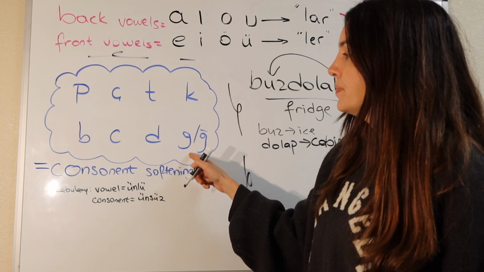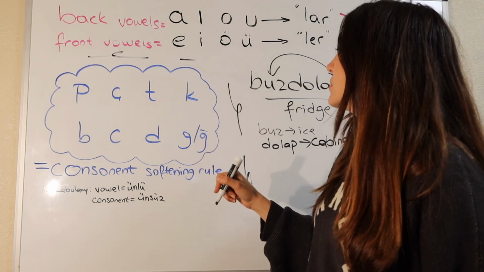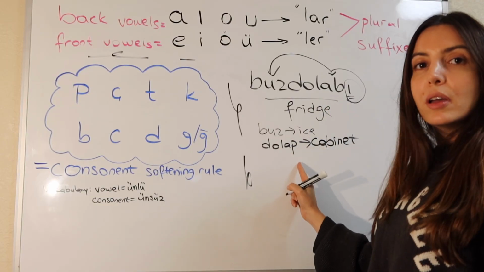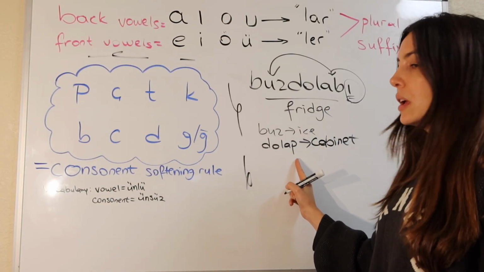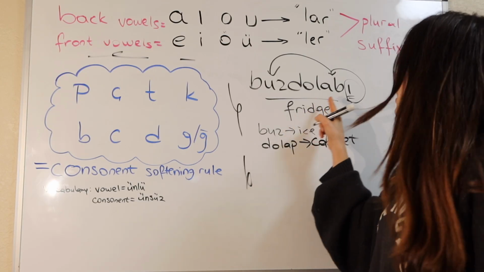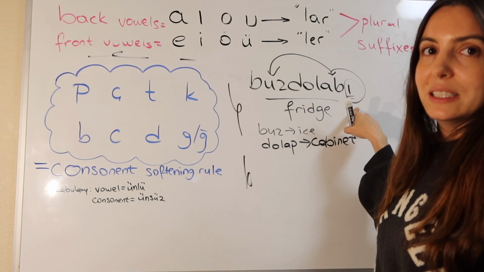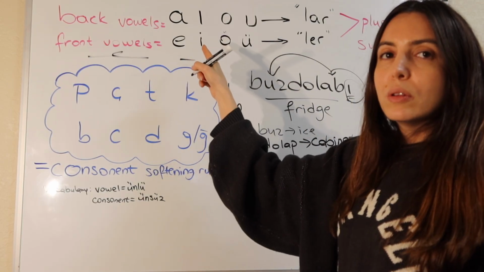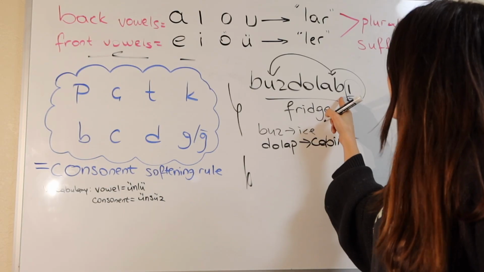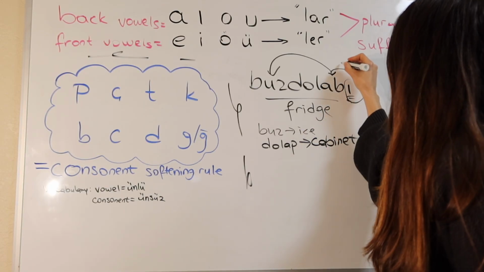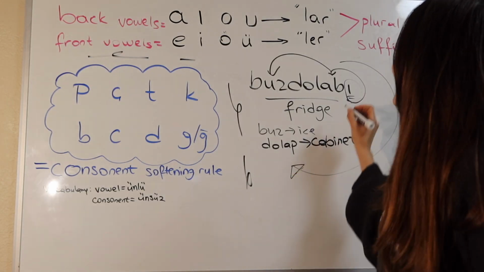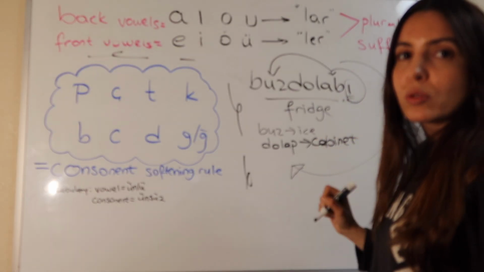Soft G. So in this case, dolap, cabinet, is the actual root of this word. And when it gets added a vowel, it became a B. So to make this plural, this has to go back to its original version.